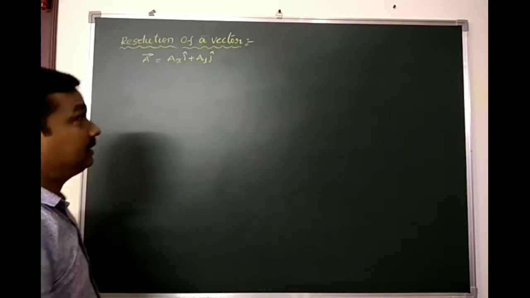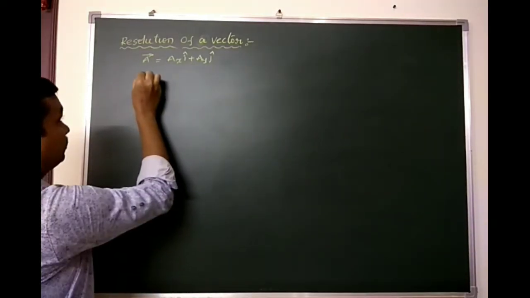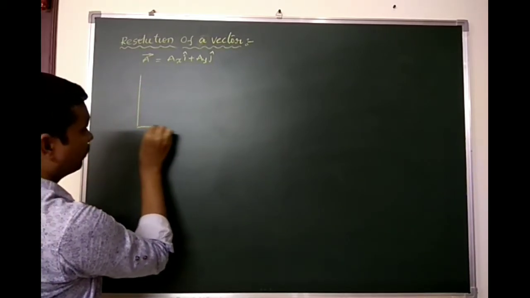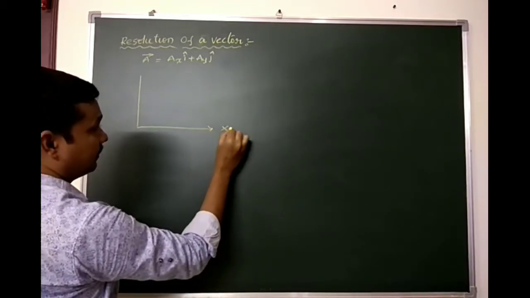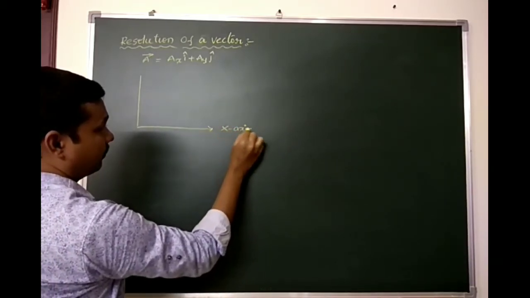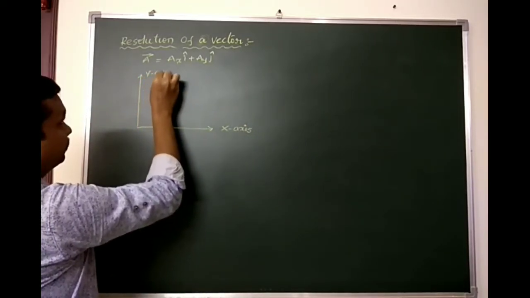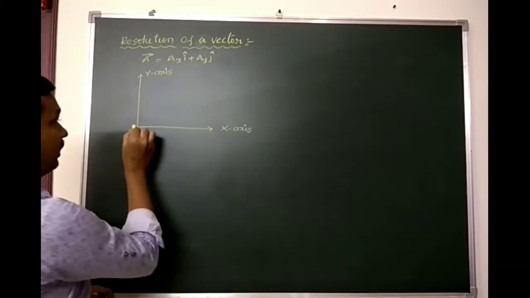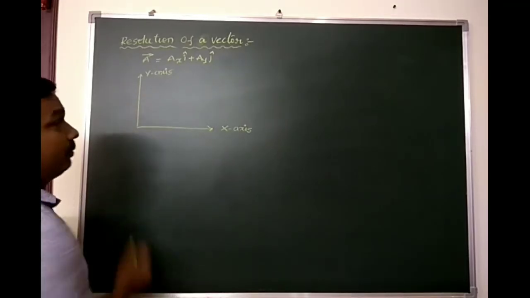How can we represent this as a vector? Here, this is the x-axis, this is the y-axis. Along the x-axis Ax distance, along the y-axis Ay distance.